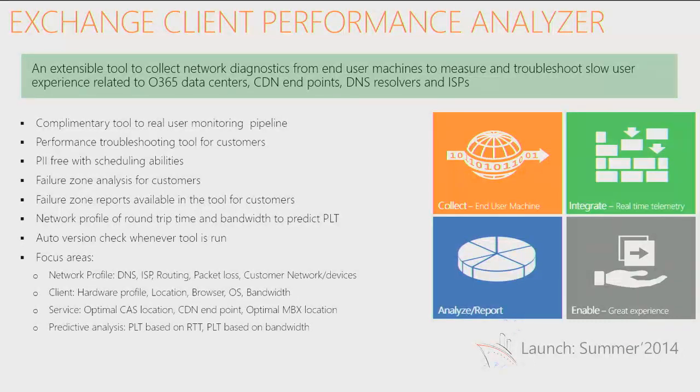We look at whether you are going to the right cache location, whether you are connecting to our network closer or to something far away. We look at whether your mailbox is located in the right data center or not. And then, using our ERM pipeline, we are able to do predictive analysis with a high confidence rate of 99%, and say what kind of page load experience you are getting for different scenarios.